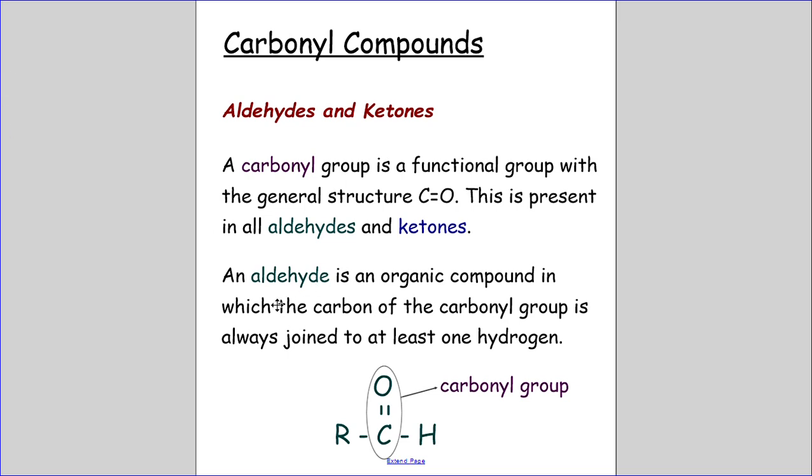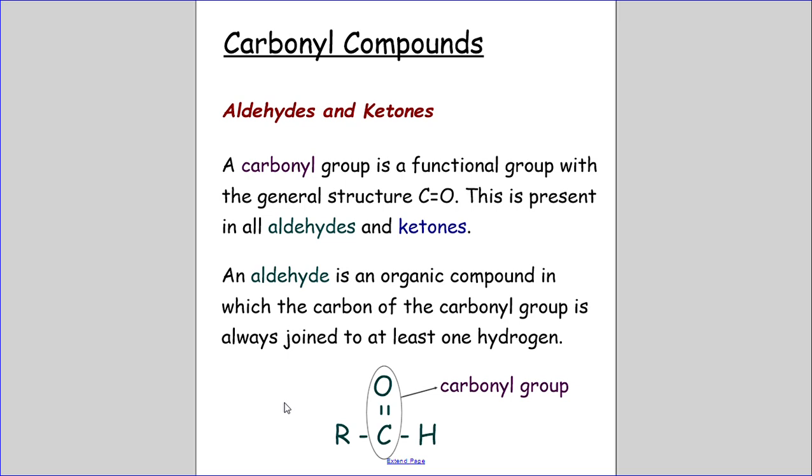So an aldehyde is an organic compound in which the carbon of that carbonyl group is always joined to at least one hydrogen. So you can see on the bottom here for the formula, we've got a single bonded carbon to this hydrogen, and remember that R just stands for another carbon chain that would run in this direction over. So we have our carbonyl group present with that double bonded oxygen.